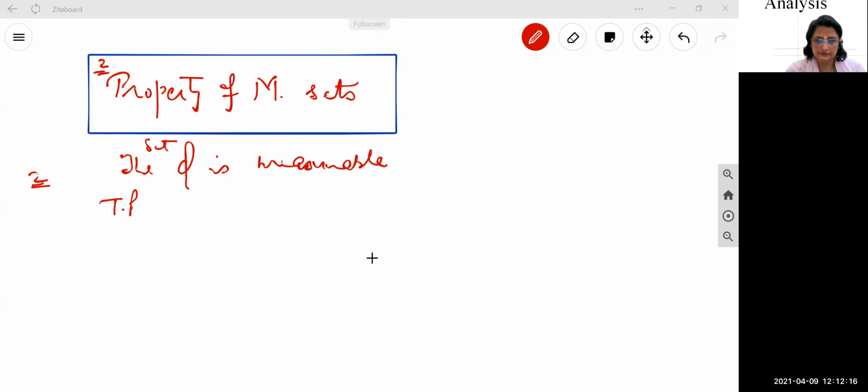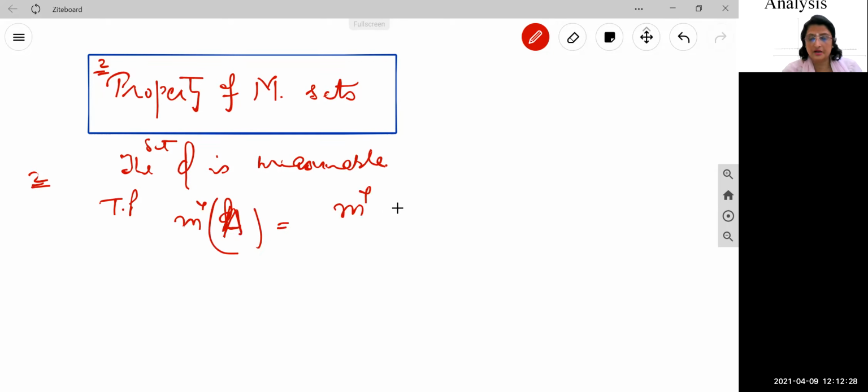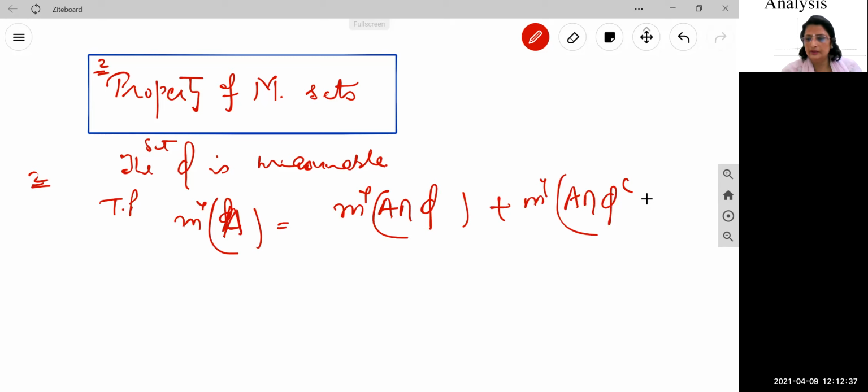To prove M star A is equal to M star A intersection phi plus M star A intersection phi complement. This you want to prove, right? ये left hand side, right hand side की इक्वल आनी चाहिए.